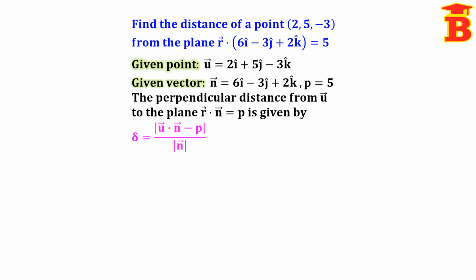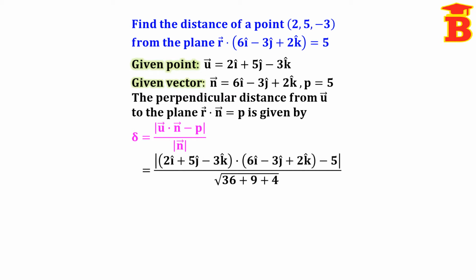P is the perpendicular distance. Now this is equal to modulus of (2i plus 5j minus 3k) dot (6i minus 3j plus 2k) minus p value 5, divided by modulus of n vector.